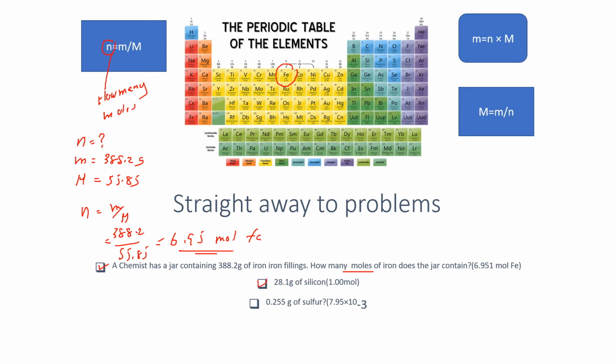Okay, second question. It has given simple m equal to 28.1 grams, and it's saying silicon. The atomic mass of silicon is how much? 28.08. Where is silicon? Here. Silicon is here. So you can get the number out of that: 28.08.